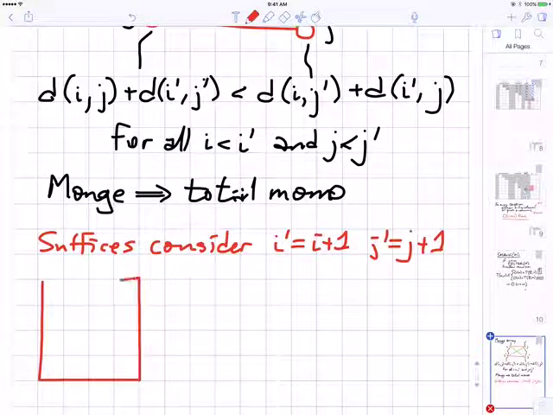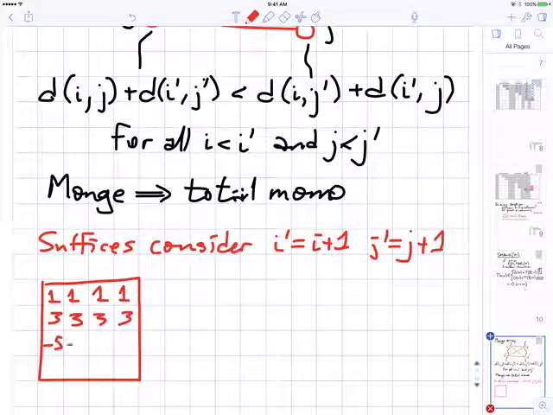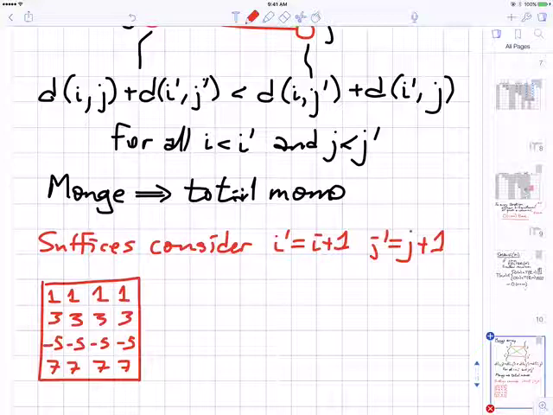Another interesting condition is that when matrices are Monge, this is not something that's going to come from a distance matrix, but if all the entries in every row are constant, then this matrix is trivially Monge, because I should actually say this is less than or equal to in the definition, because you actually get equality between those two pairs.